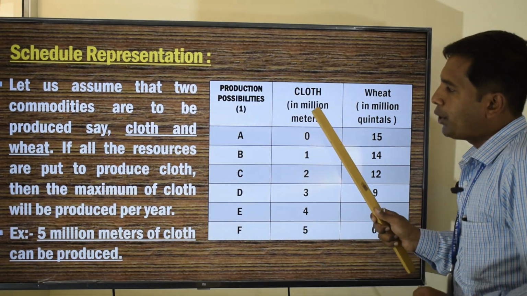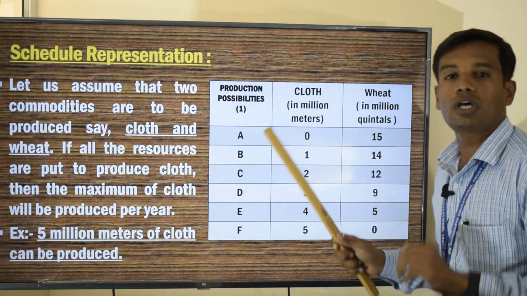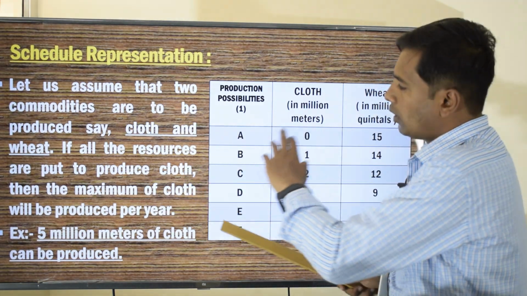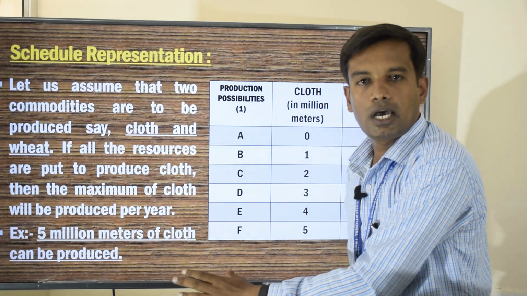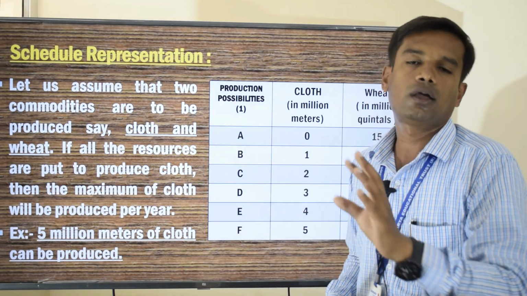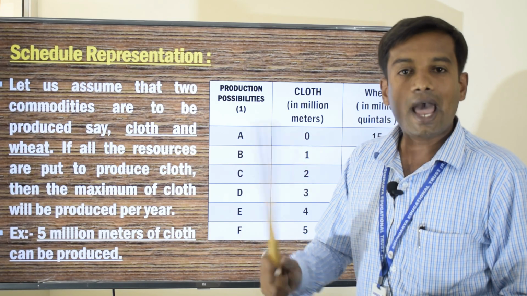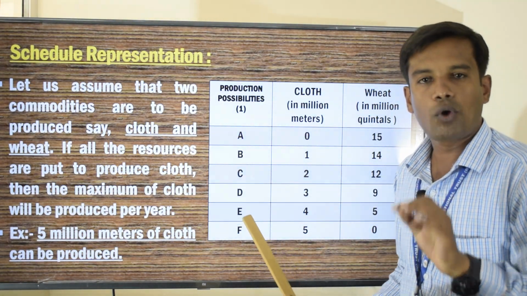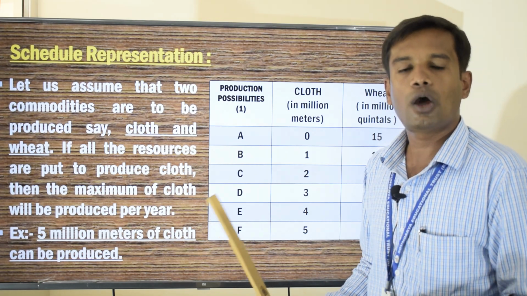A country can produce 5 million meters of cloth because it has used all the resources completely to produce the cloth product. Whereas now the country decides it doesn't want to produce any cloth, it wants to produce only wheat. Now what happens?